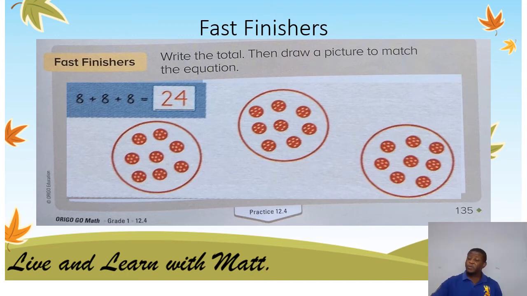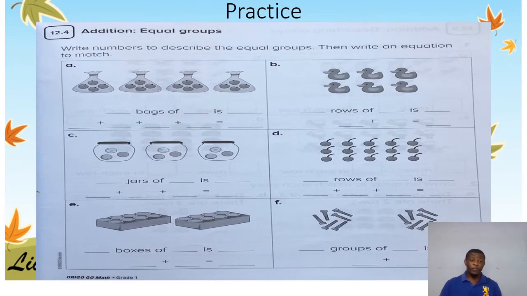Now let's go to the practice book. Bring out your practice book, everybody, and open to 12.4. Write numbers to describe the equal groups, then write an equation to match.